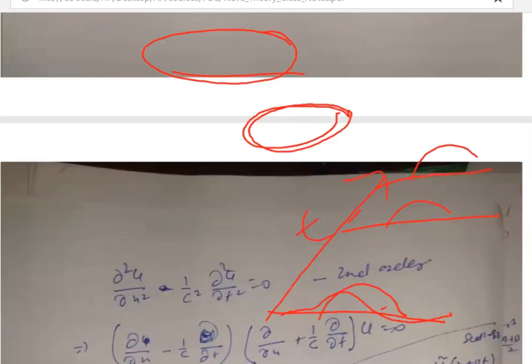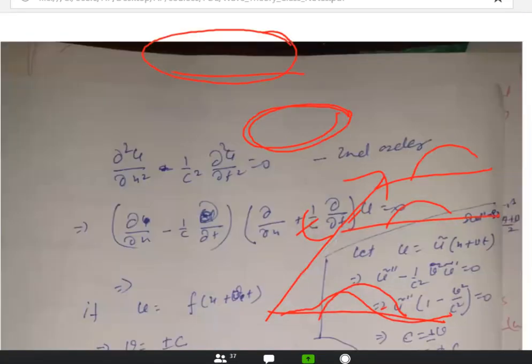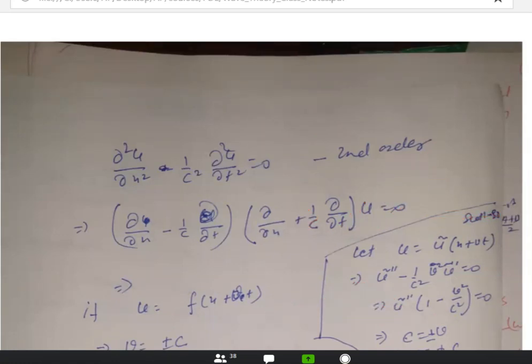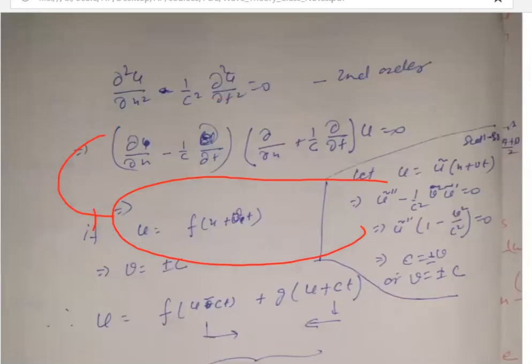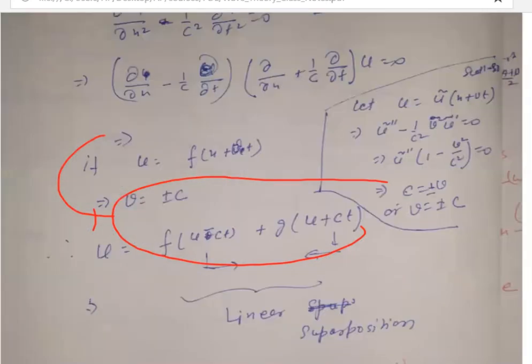Now this is another linear partial differential equation, but its solution, when you convert it, you will see it is a function of this and this, meaning one is moving in one direction, another is moving in the other direction.